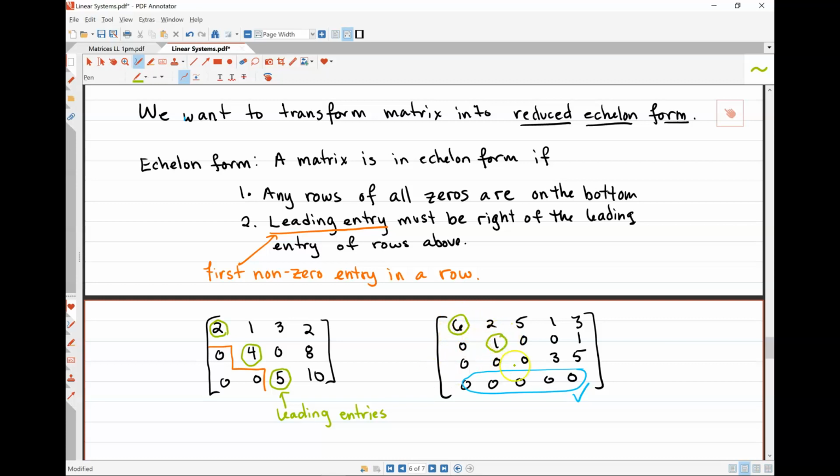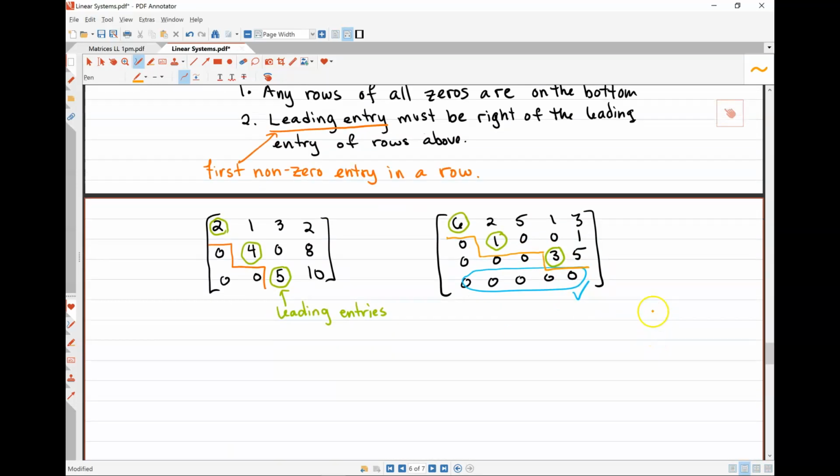So again, I'm just going through each row and marking the first non-zero entry, and I see that each of these is to the right of the leading entry above it. And if you like, we can draw the staircase again. So the idea is you just step down when you get to a leading entry. Okay, so these are both matrices in echelon form.